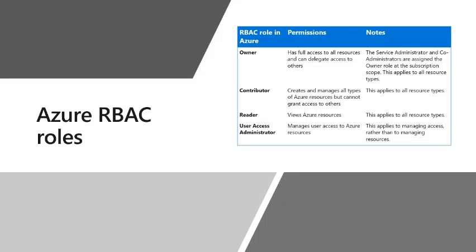The roles are owner, contributor, reader, and user access administrator. Owner has full access to all the resources and can delegate access to others. Contributor creates and manages all types of Azure resources but cannot grant access to others. Reader can view the Azure resources only.